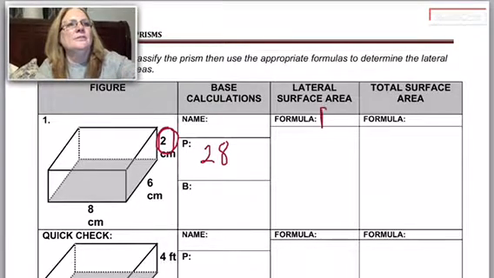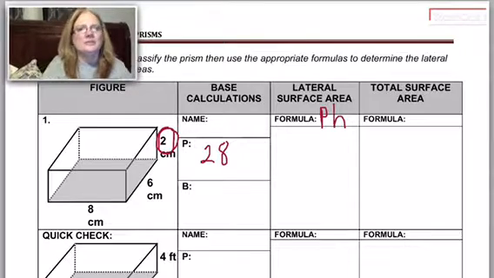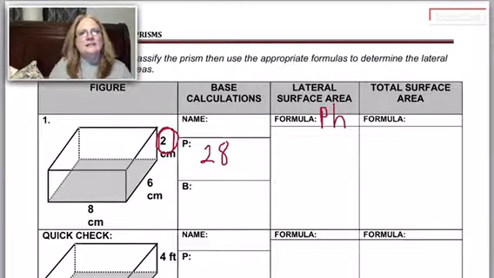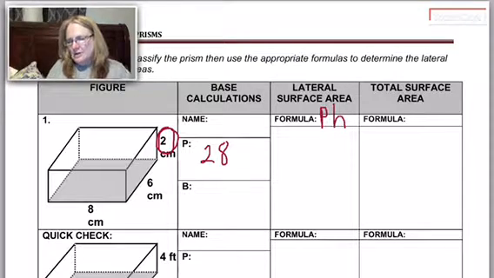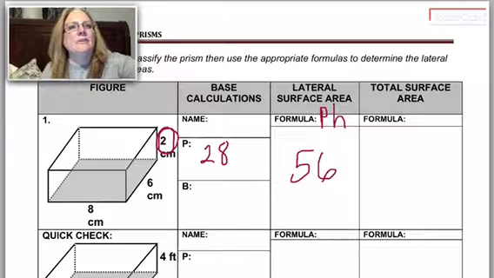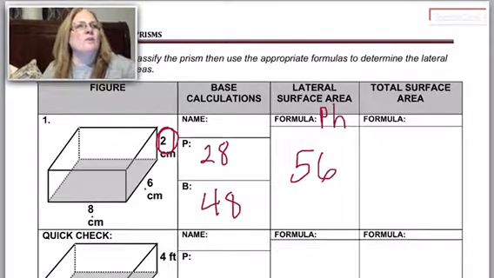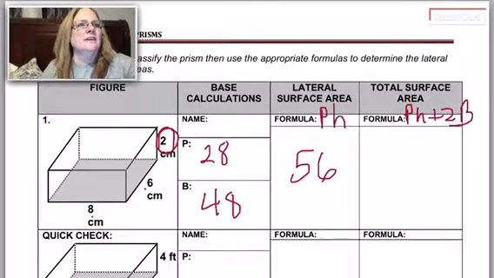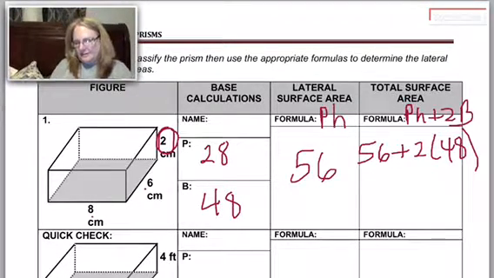So lateral is perimeter times height, and 28 times 2 is 56. And then a capital B is area of the base, so 8 times 6 is 48. And so our total area, PH plus 2B, is 56 plus 2 times 48.